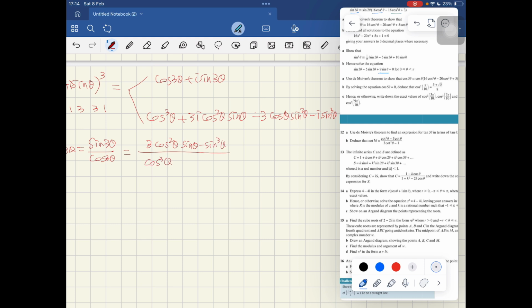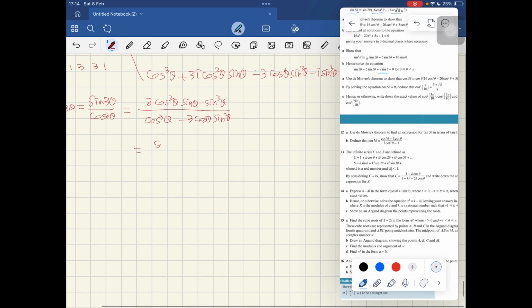Cos 3 theta is cos cubed minus 3 cos theta sine squared of theta. So sine theta (3 cos squared minus sine squared) over cos theta (cos squared minus 3 sine squared).